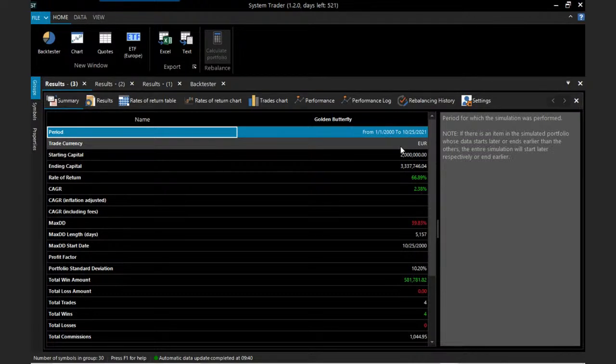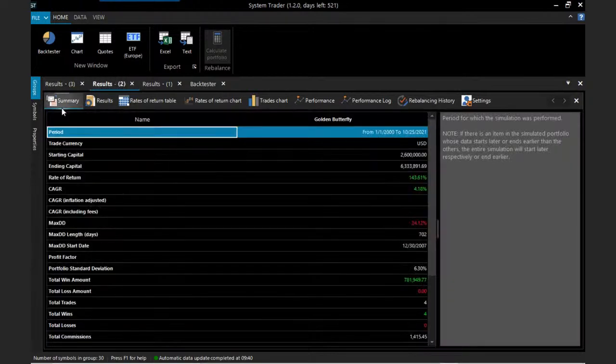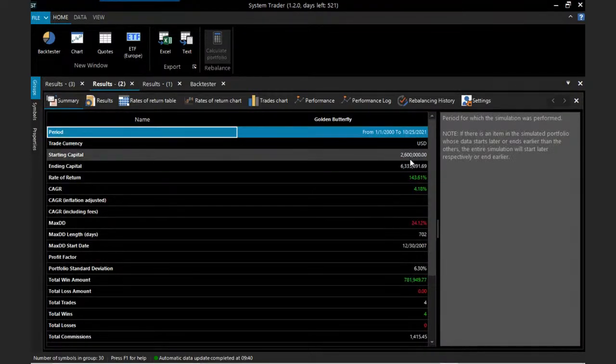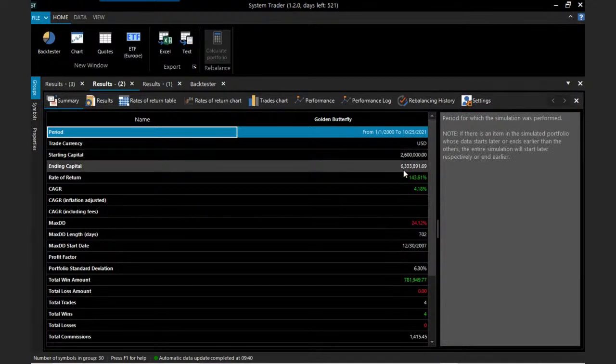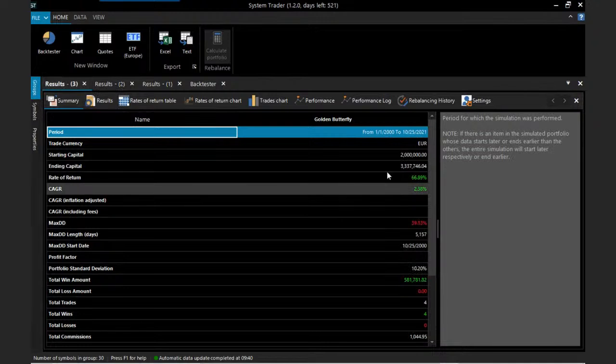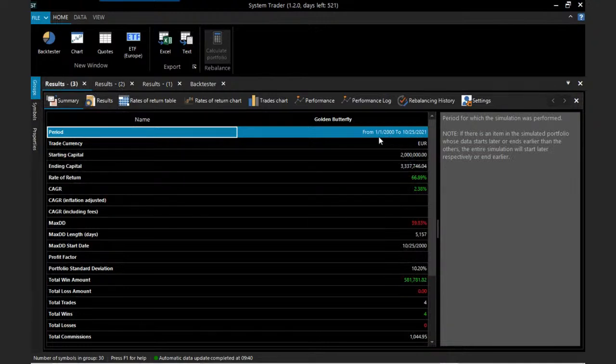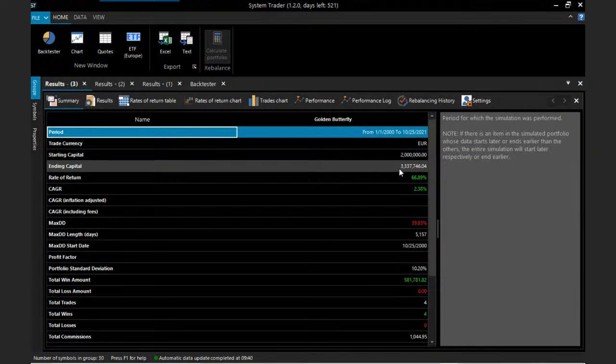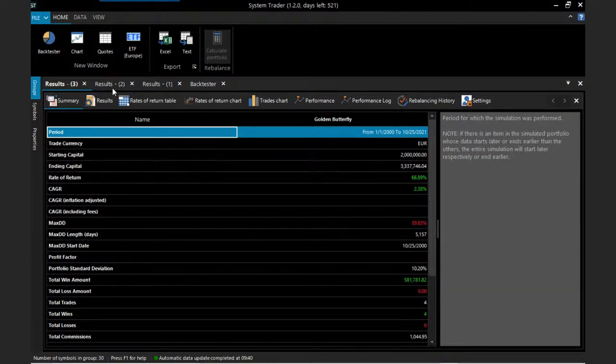So just to mark that, although in that first case we had $2.6 million in 2000, and at the end $6.3 million, if we had 2 million euros in the year 2000, at the end of the simulation in 2021, we would have 3.3 million euros. It's less than if we had that in American dollars.